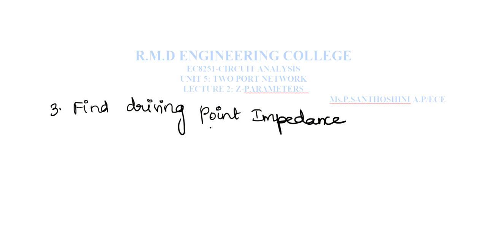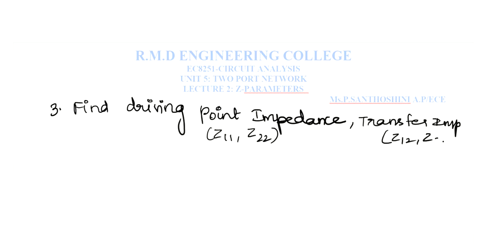So we know that driving point is Z11 and Z22 because there is no transfer, and there is also transfer impedance. So it is another parameter. Find the Z parameters means all the four. Here they gave two different names, Z12 and Z21, transfer impedance of the network and the resistor. And this value is 1 farad, and 3 ohm.